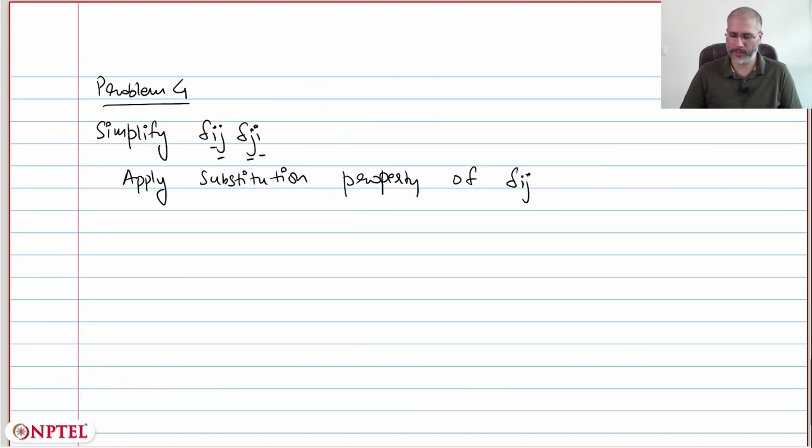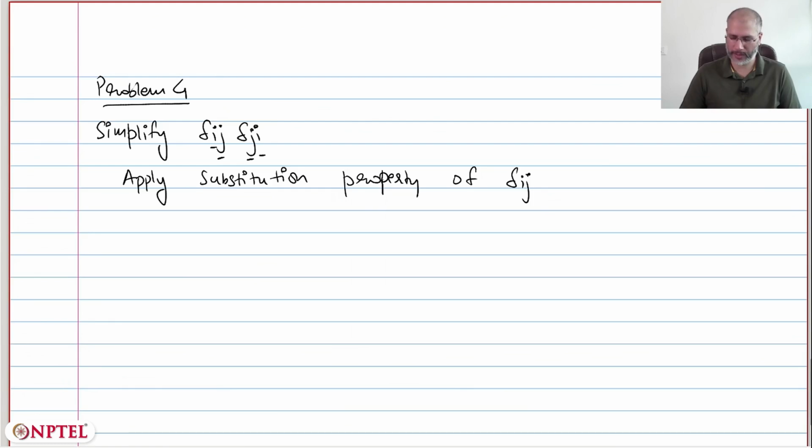The first choice we have to make is which delta should we take and get rid of, and the second is which index of the delta we have chosen is to be taken as repeated. Now the beauty is that you can choose any one of the four choices and you will still get the same answer.